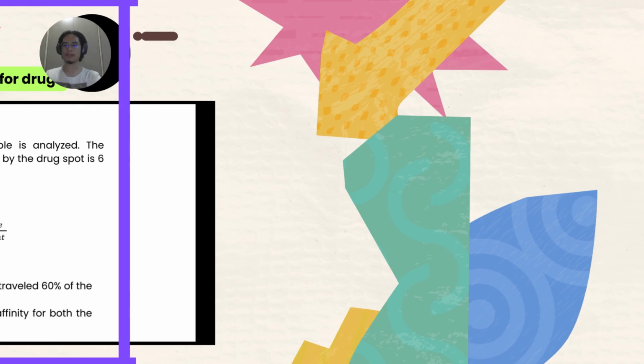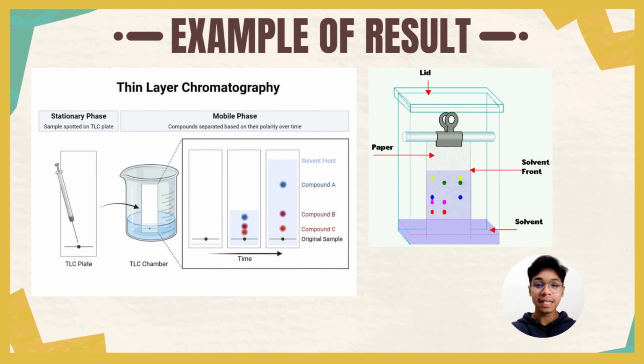And now, I will share with you some examples of our thin layer chromatography results. But first, I will show you a simple demonstration of how our thin layer chromatography, or in other words TLC, was set up. In the video, you will see two diagrams prepared which show how our TLC is done.